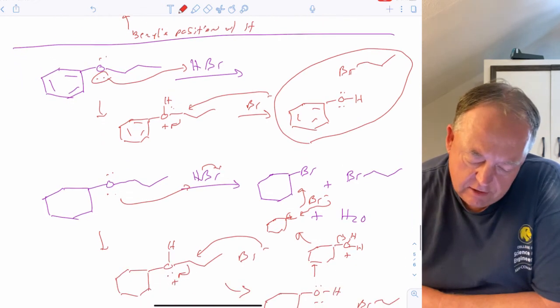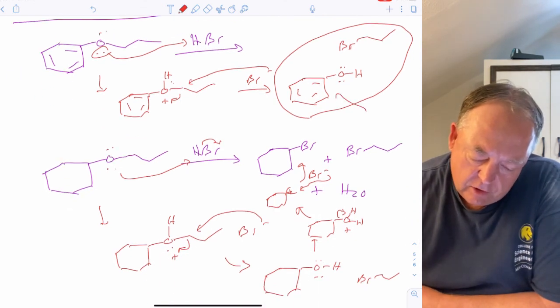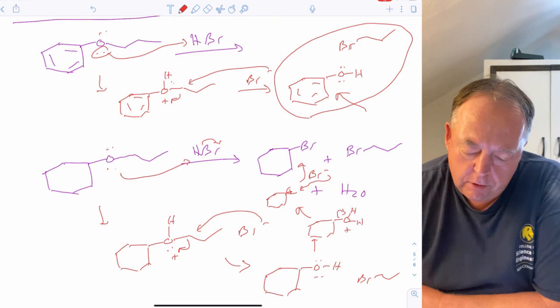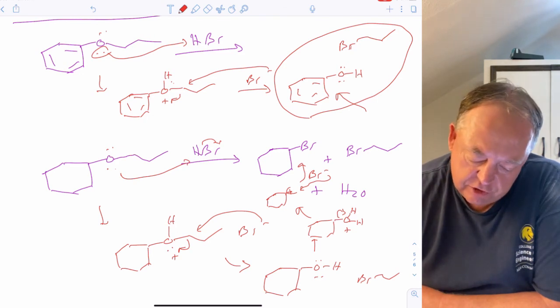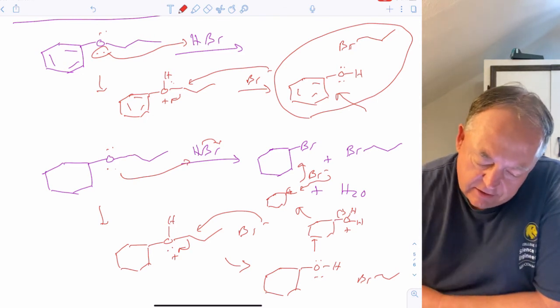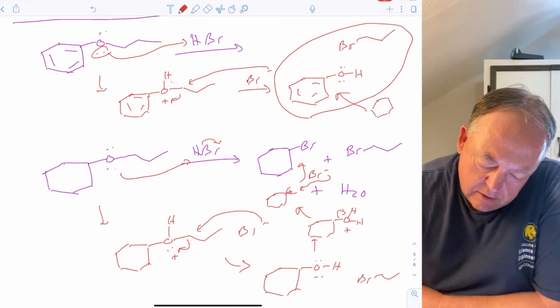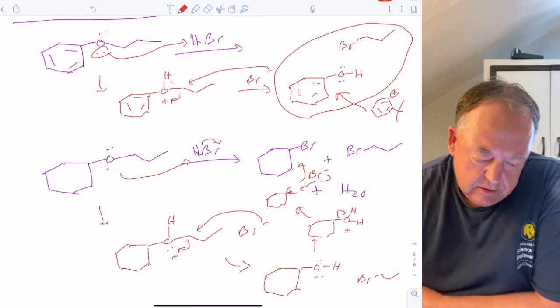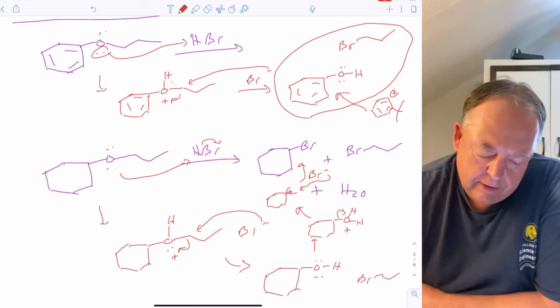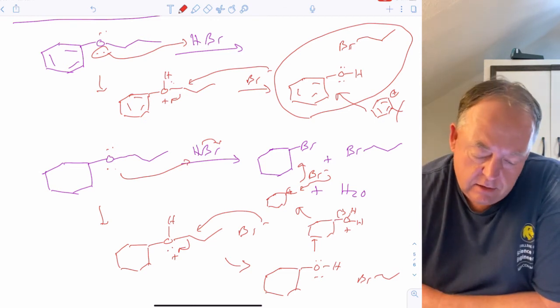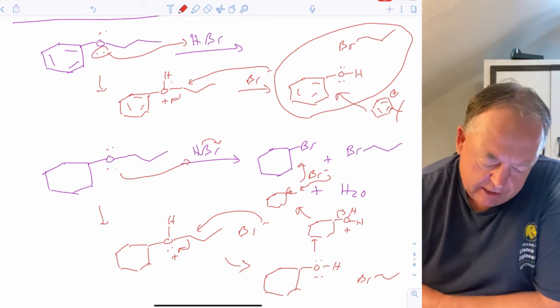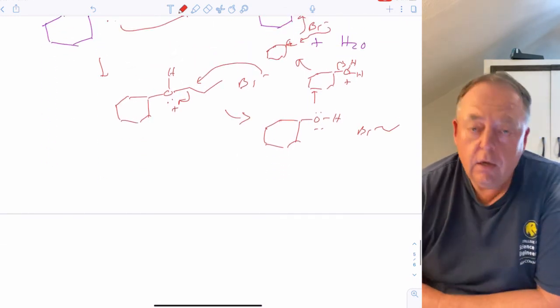That's your product. So what's different is that's an aromatic alcohol, and you're not going to protonate that alcohol, and it's not going to leave because you don't want to make that, right? That's very unstable. So once you make that phenol, it's done, and it would only do half of this reaction. Okay, we'll stop there.